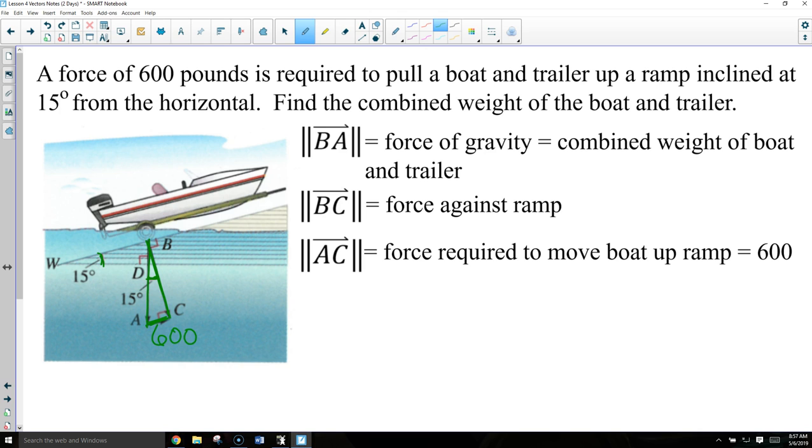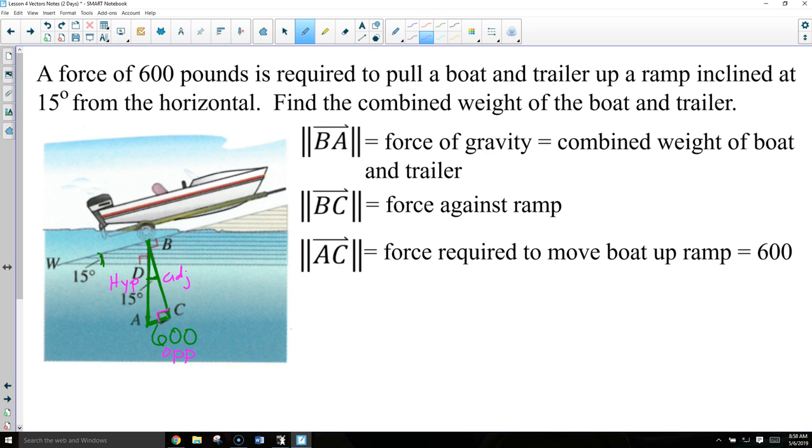So when I look in that triangle, I am trying to find the magnitude of vector BA. So I have a right triangle here. This is my hypotenuse. This is my opposite from the 15 degrees. And this is my adjacent. Since I have a right triangle, I know that I can use SOHCAHTOA.